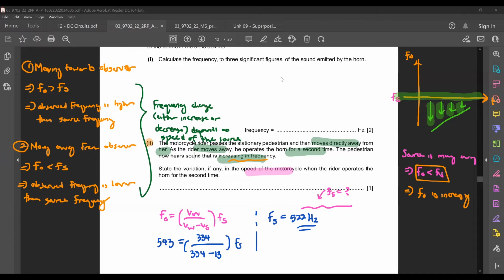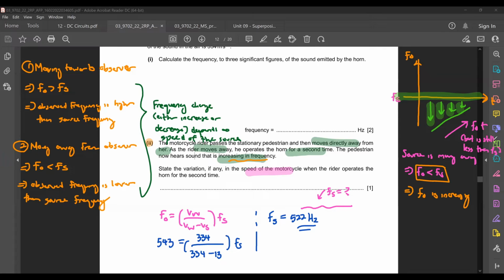If I draw this line like this, you're perceiving your observed frequency to be increasing, but it's still less than Fs.